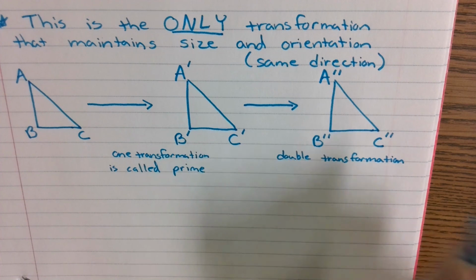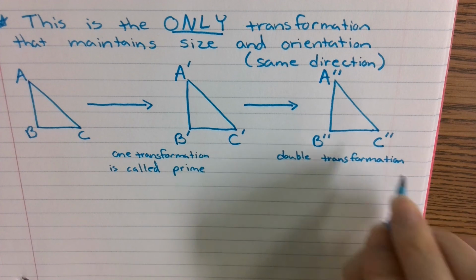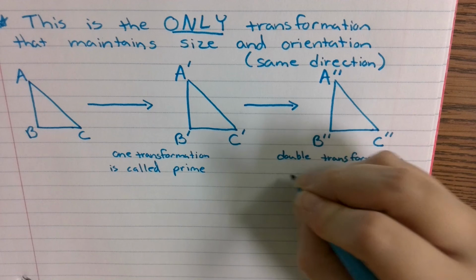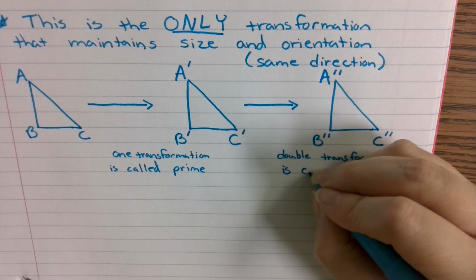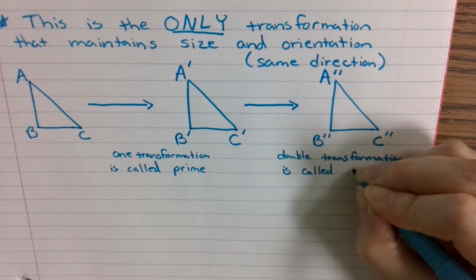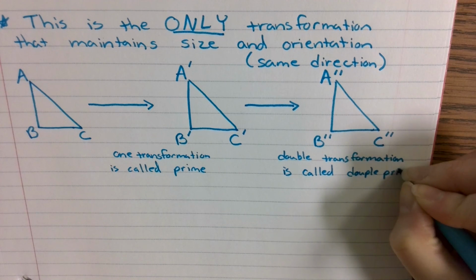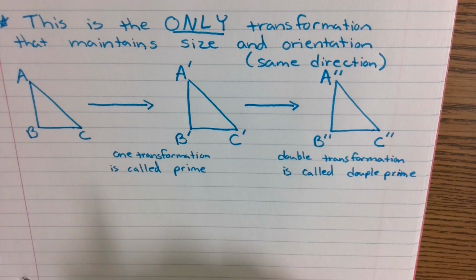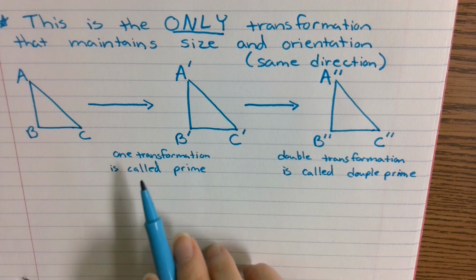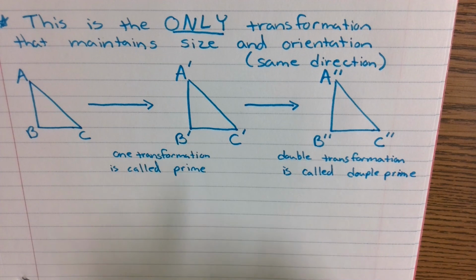When you have more than one, so 2 transformations, we call that a double prime. And if we had 3 transformations, it would be called a triple prime. Okay, so it just keeps going on. You've got prime and double prime. We typically don't do more than 2 transformations, currently.